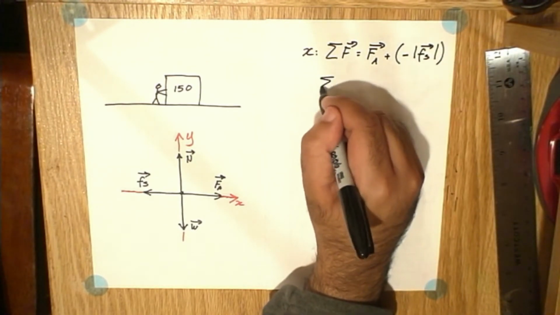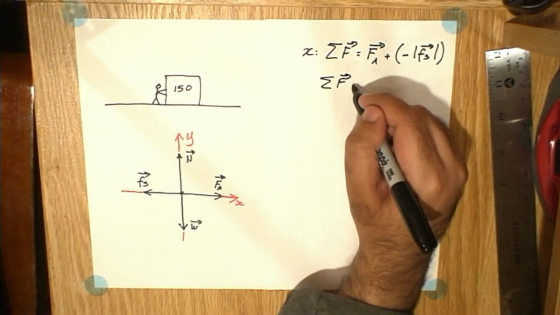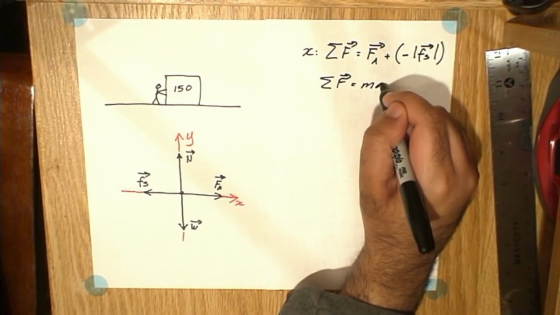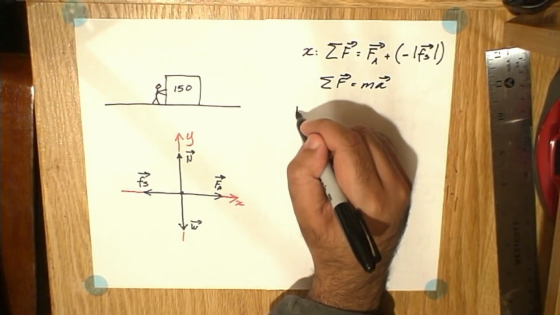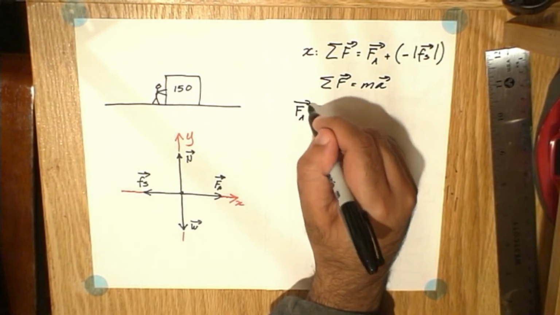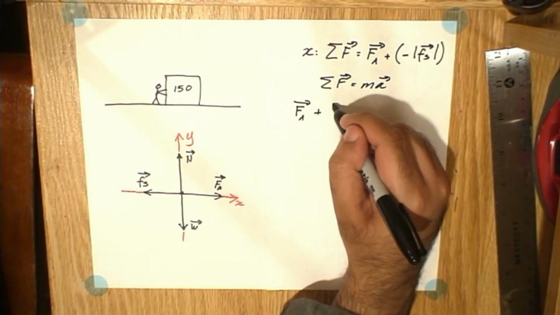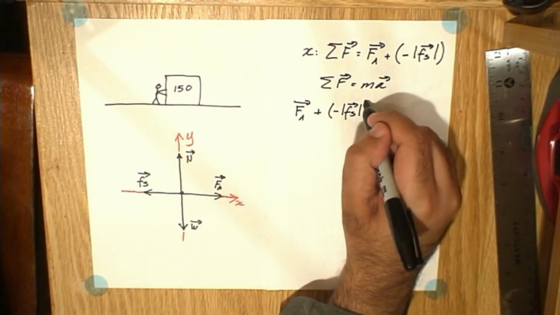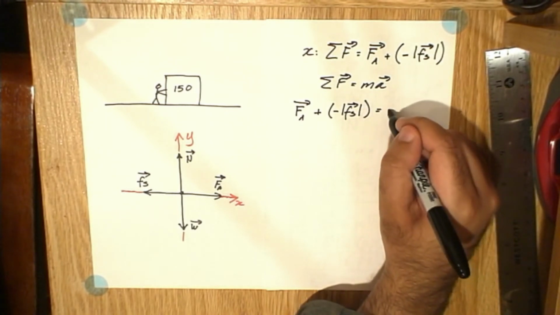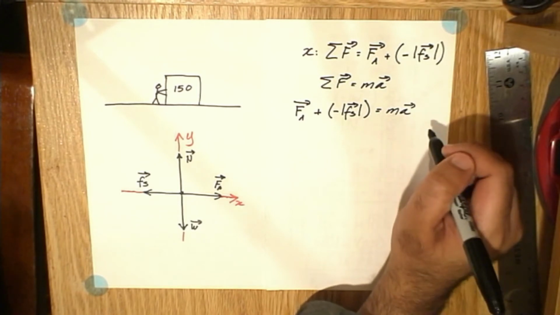We also know that according to Newton's second law, the total force must be equal to mass times acceleration. So that means that the applied force plus the negative static friction, again negative because it's pointed leftwards, is equal to mass times acceleration.